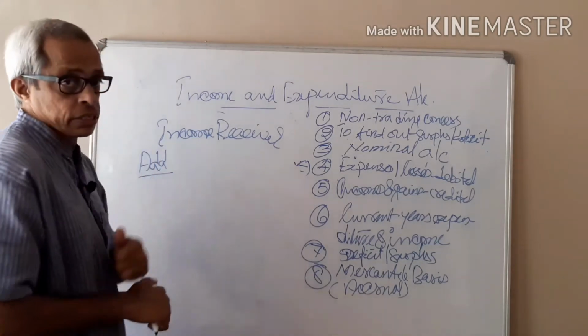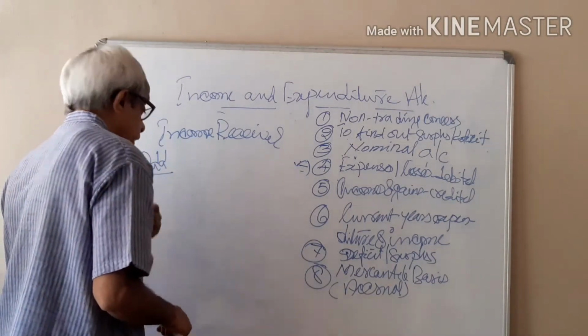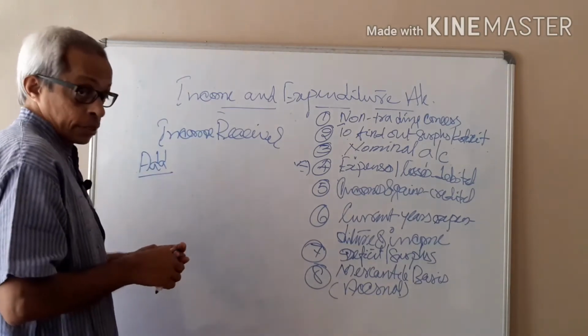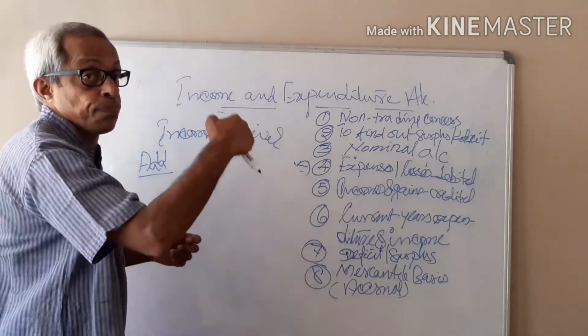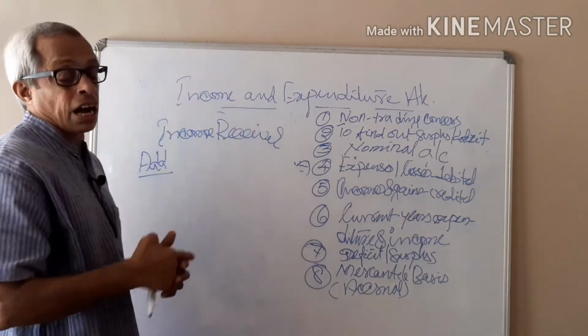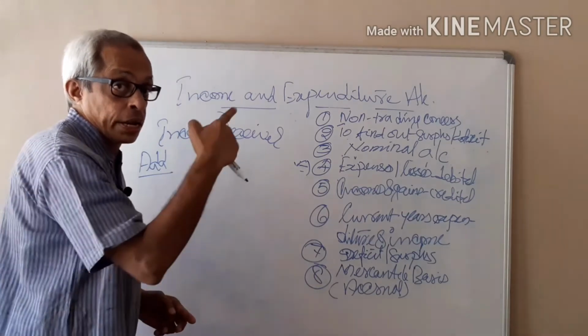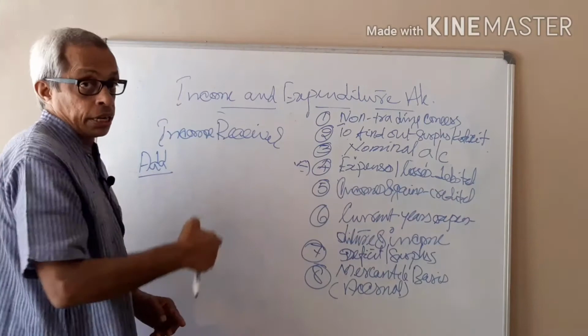And from that we deduct income received of the previous year during the current year, and income received of the coming years during the current year.